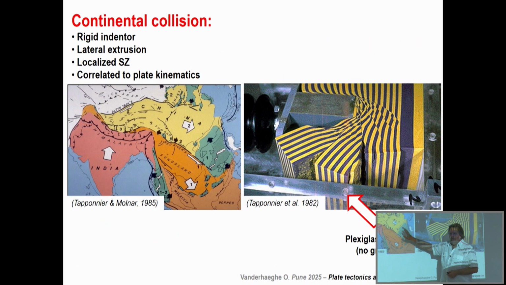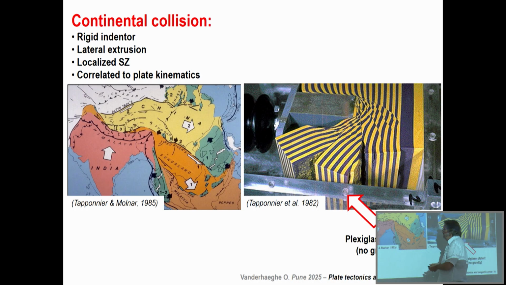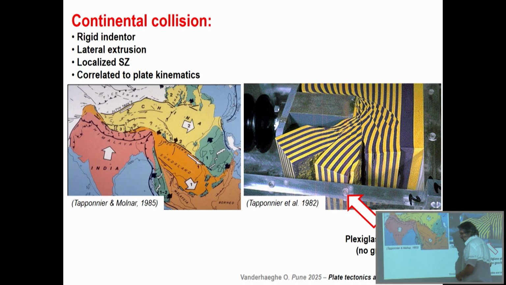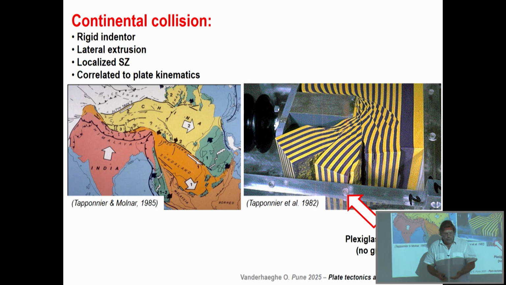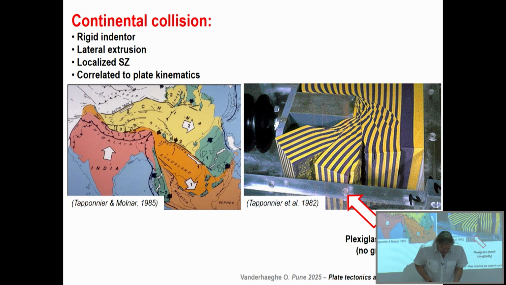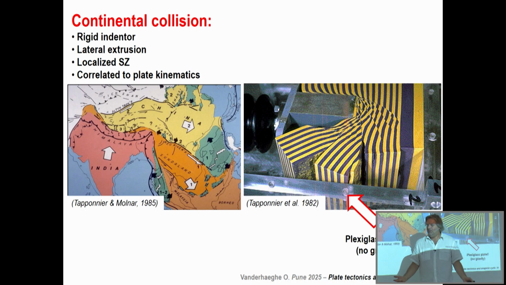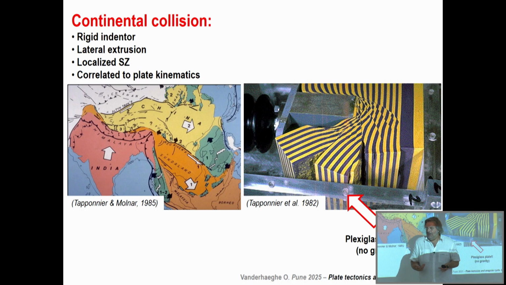So why this model? Because these guys worked at the onset of the use of satellite images. So they were looking at Asia and India from the top. Can you see up and down motions when you look from the top? No. So they couldn't account for that.